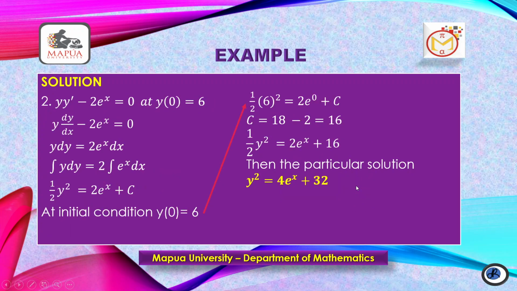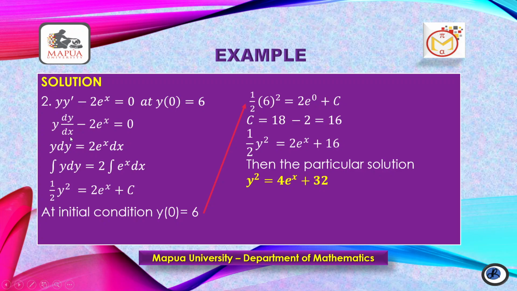Another example is finding the particular solution of the differential equation: we have y prime minus 2 e raised to x equal to 0. This time, the given condition is that y of 0 is equal to 6, meaning when x is 0, y is 6. The y prime can also be expressed as dy over dx.